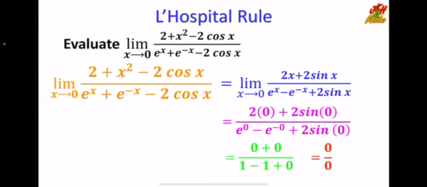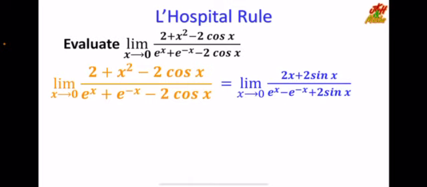The limit is indeterminate, meaning that we need to apply L'Hopital's rule for the second time. So let me take a look at our numerator. Then we need to differentiate the numerator and denominator again with respect to x.